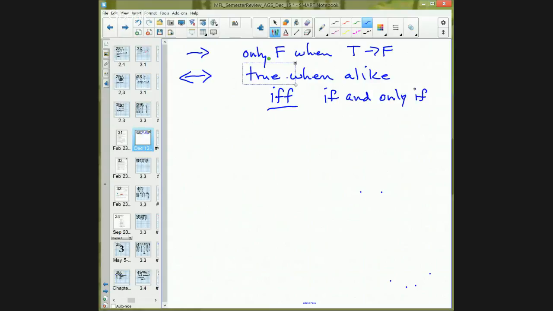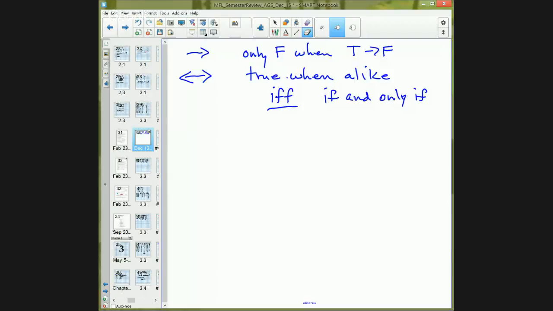In some cases, I'll just give you the letters and I'll put the symbols in, and I might just ask you to fill out the blanks.